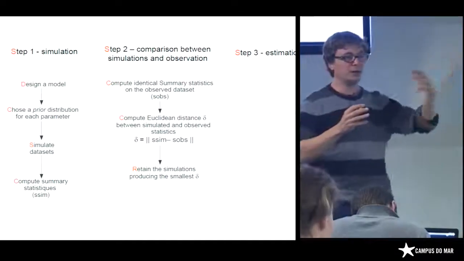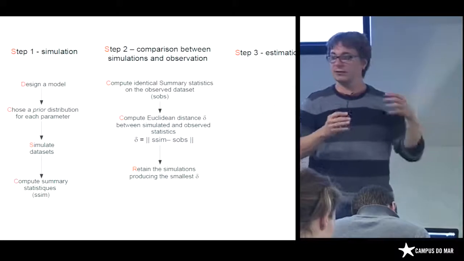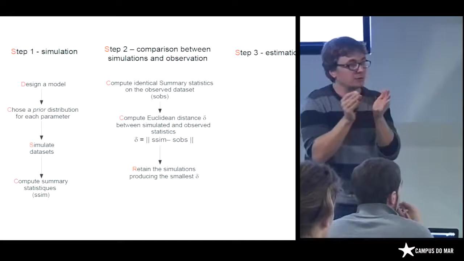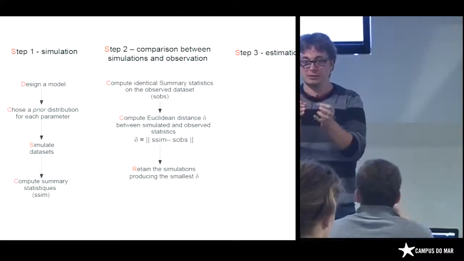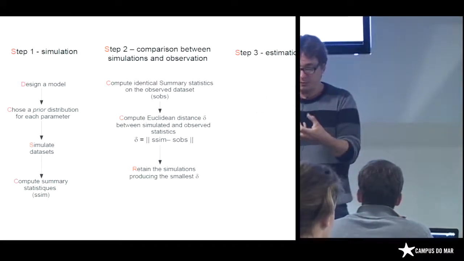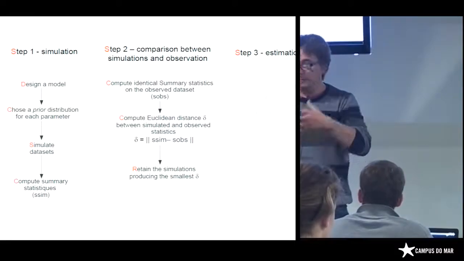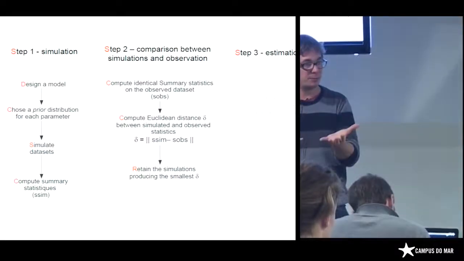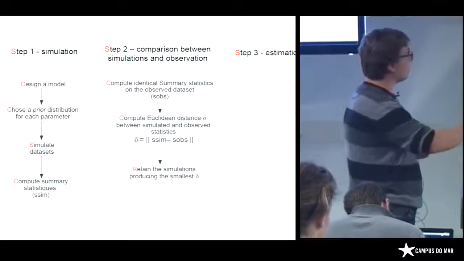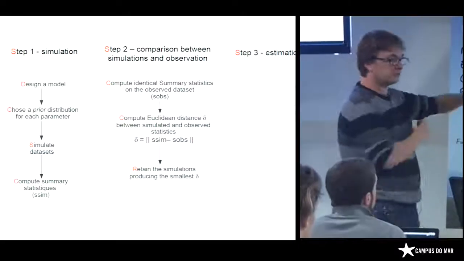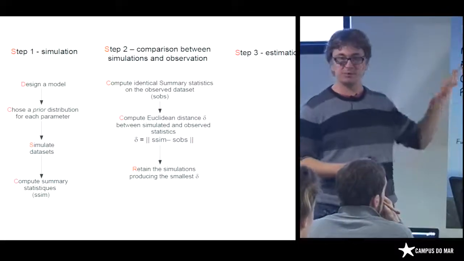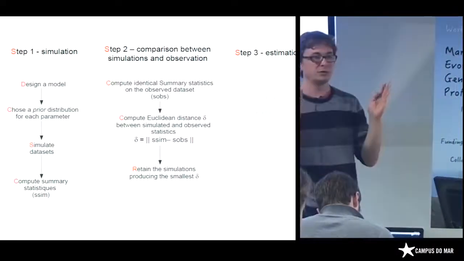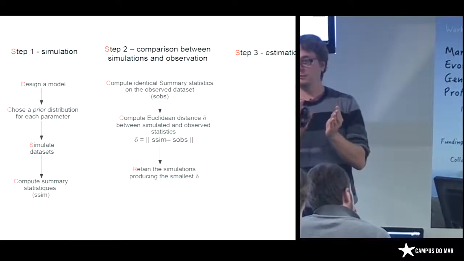The bigger the Euclidean distance, the less likely is the model simulated, and the shorter the Euclidean distance, the more you have been able to obtain the same summary statistics as your observed dataset. And you have a criterion, there are many, I will not go into the detail, to retain the simulations that produced the smallest Euclidean distance. Okay?